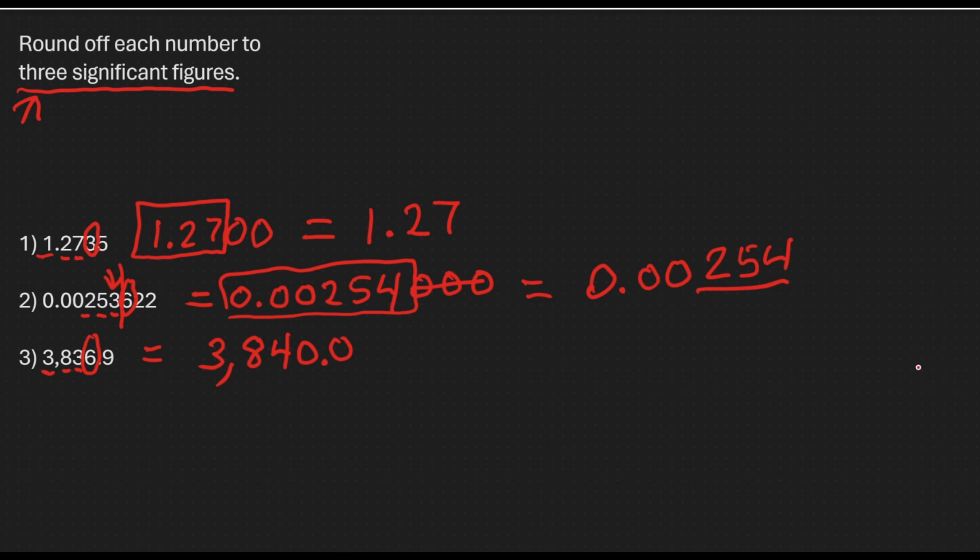I only need 3 sig figs, and I need this 0 because it's a placeholder, and I have to omit this decimal and 0. So the answer is going to be 3,840, no decimal, no trailing zero after the decimal.